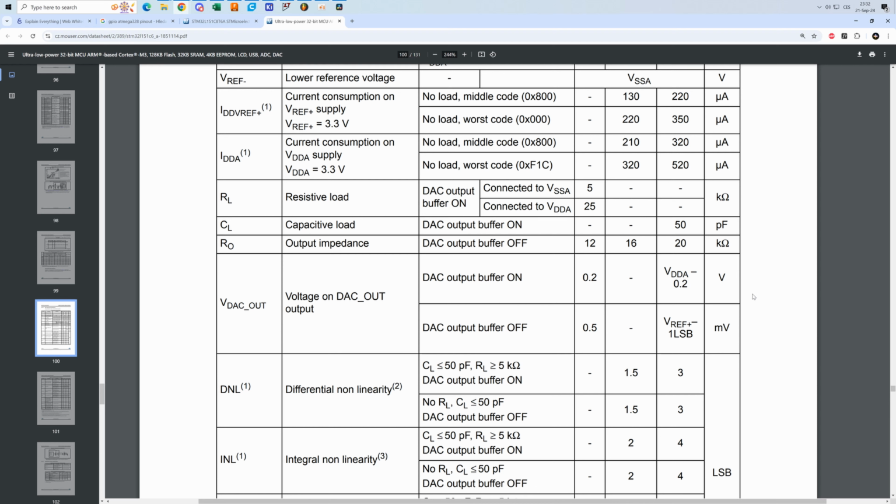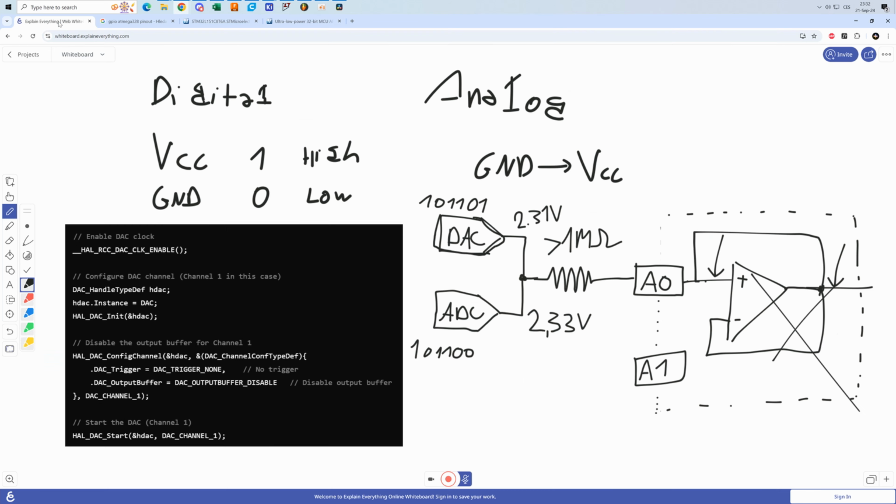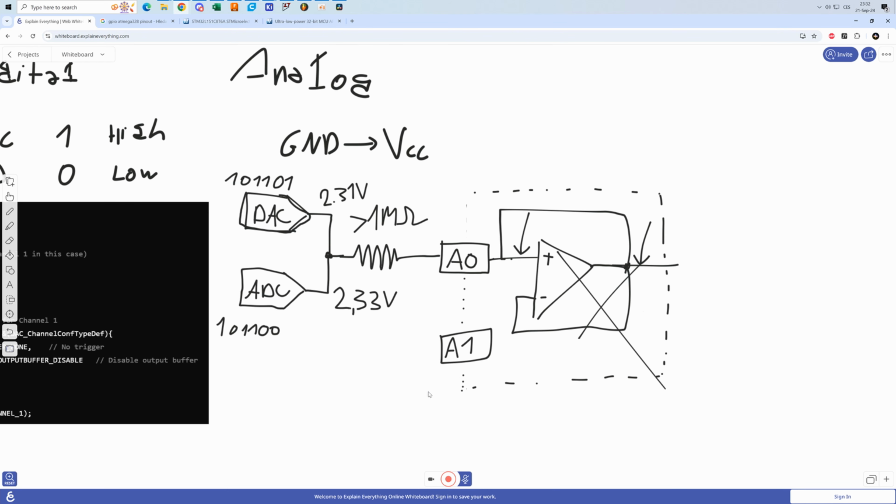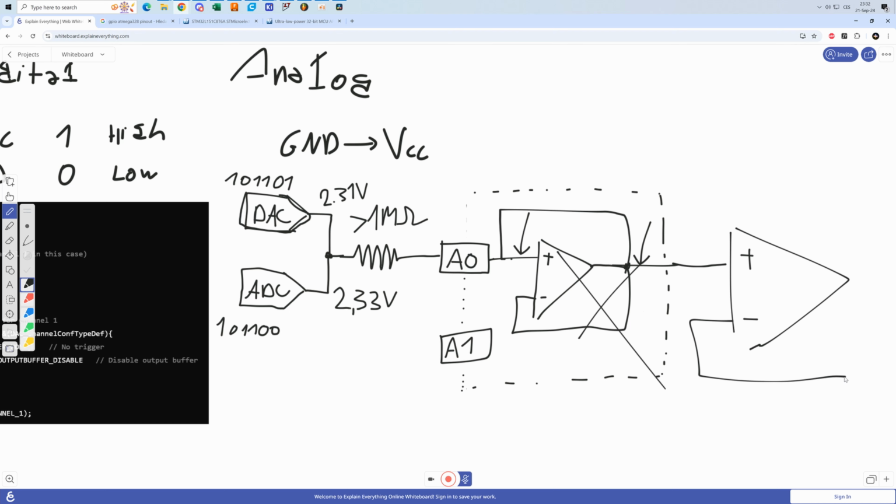But of course, if you wanted to provide sufficient current and to generate, for example, 0.1 volt, well then you would have to turn the buffer off and then add an external amplifier after the pin. So you wouldn't use any internal amplifier, but you would connect another amplifier here, some amplifier that can actually work with your desired voltage range.